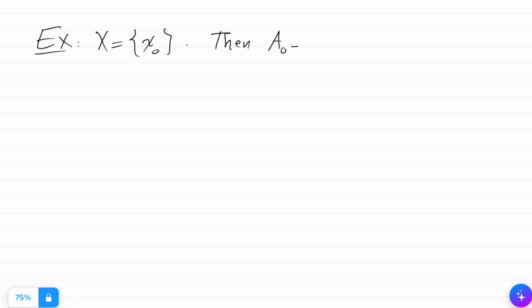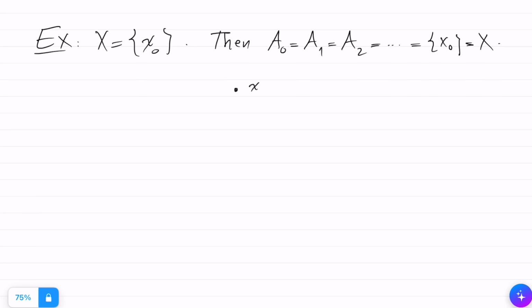A0 is just A1, A2, and all of them have to be just X. Okay, and then the graph will be, you have x0 at level 0, the first level root, then you have x0 at level 1, and then x0 at level 2, and you keep going down.